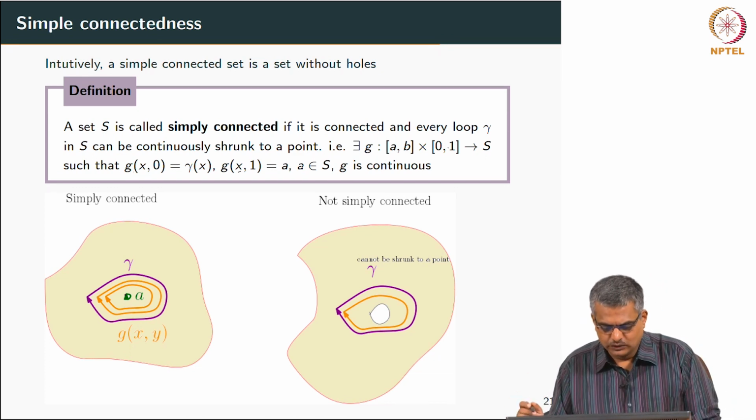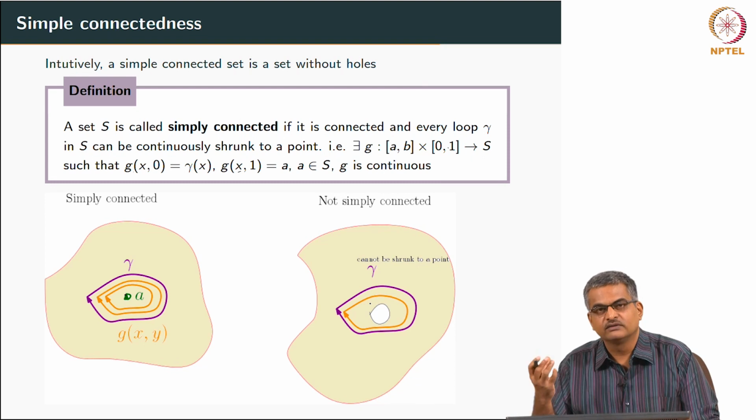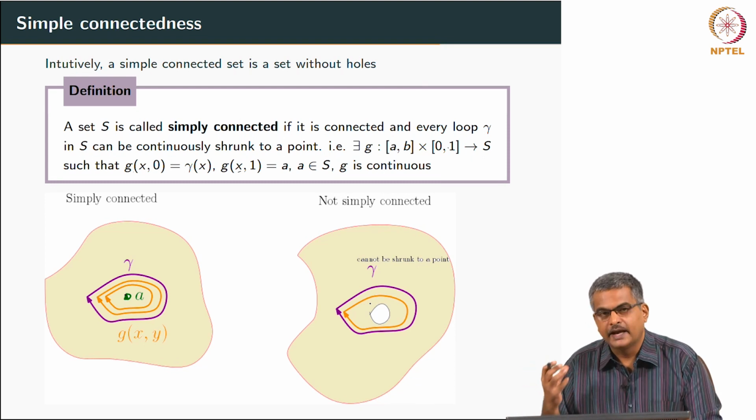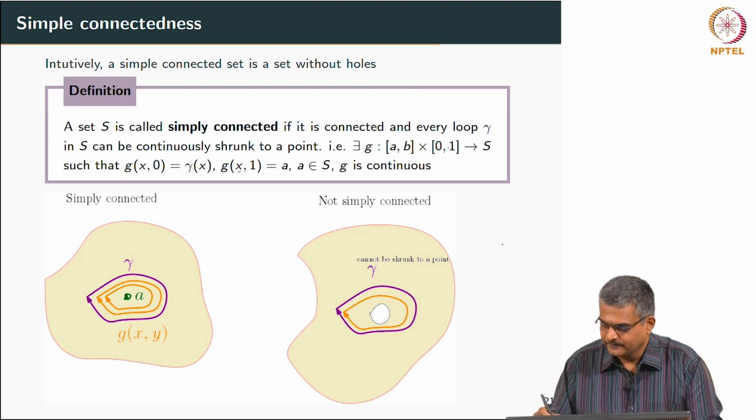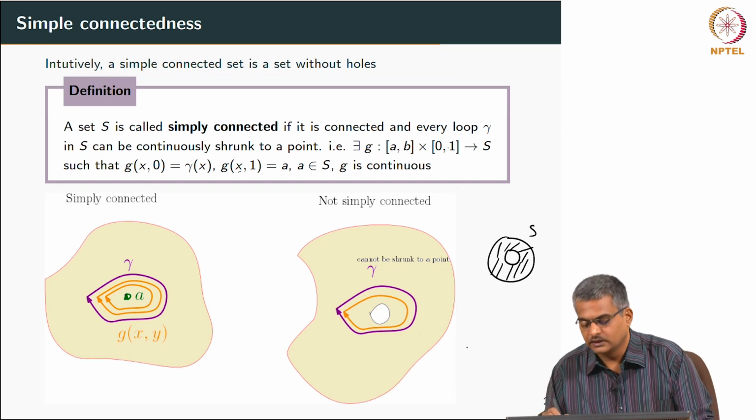It is easy to visualize now, with this definition, what is meant by a not simply connected set, right. A set with a hole, like the annular region, right. A set like this where it contains all these shaded points, but not the unshaded point. So, this is an annular region.